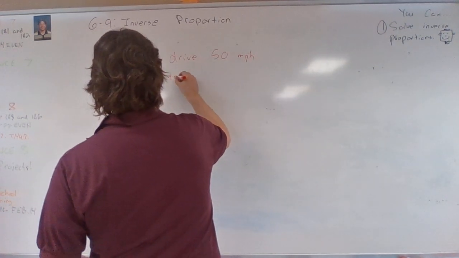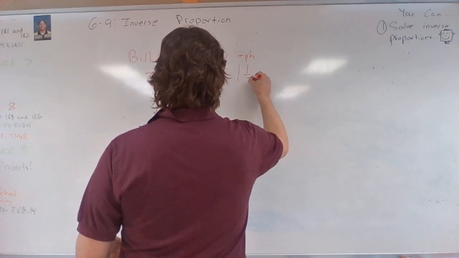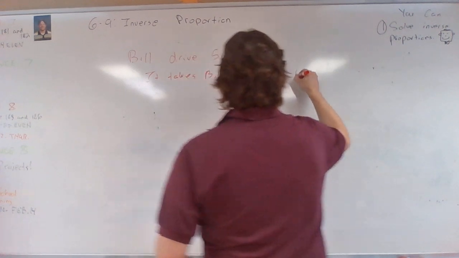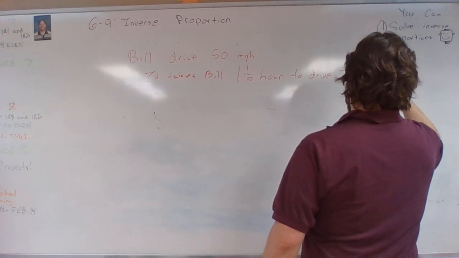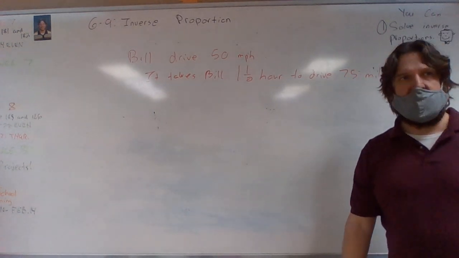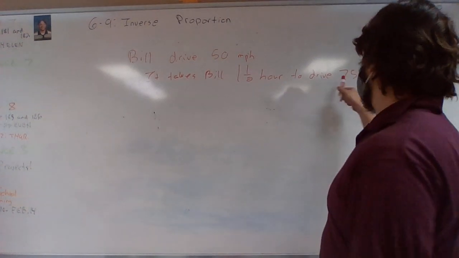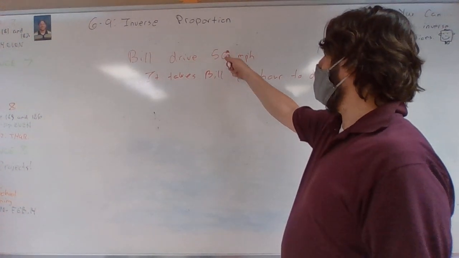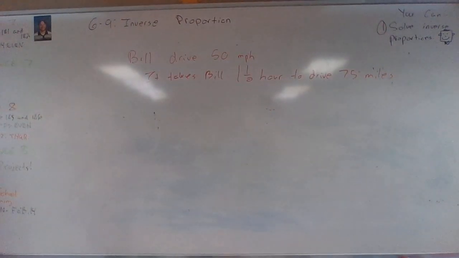It takes Bill 1.5 hours to drive 75 miles. Which makes sense. You go 50 miles an hour. Half of 50 is 25, so 50 plus 25, he'd go 75 miles in an hour and a half, right?